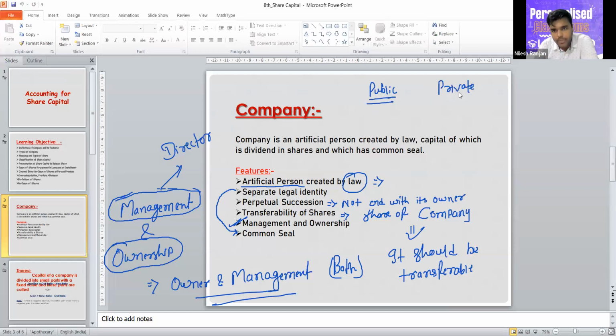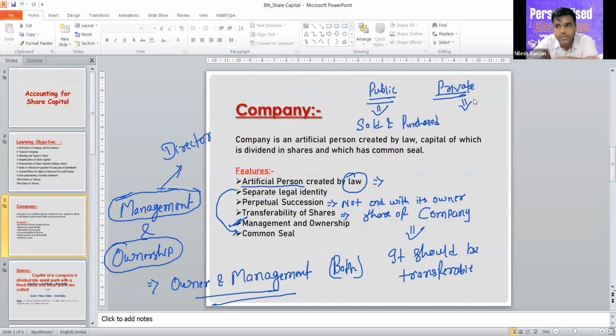Now, public company shares are sold and purchased in the open market, but private company shares cannot be sold and purchased in the open market. For that, you have to take permission of all other shareholders, otherwise you cannot transfer your shares.